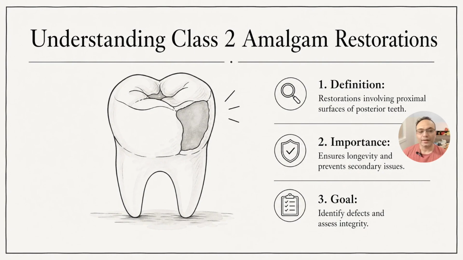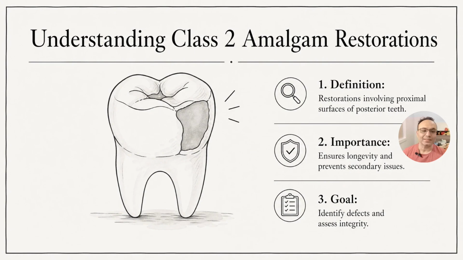Our goal here is to identify any defects that could arise on the surface of the restoration. We identify them, correct them, redo it, or we have to replace the filling itself, whether we find it in a typodont for our examination preparation or in an actual patient.